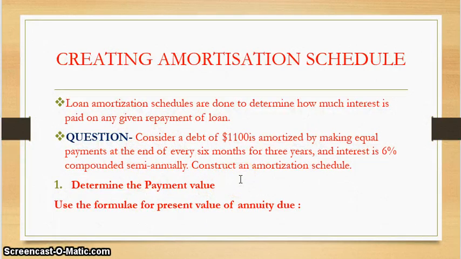Consider a debt of 1,100 is amortized by making equal payments at the end of every 6 months for 3 years, and interest is 6% compounded semi-annually. Construct an amortization schedule. So the question asks you to construct an amortization schedule.